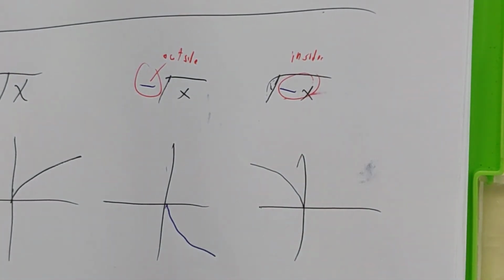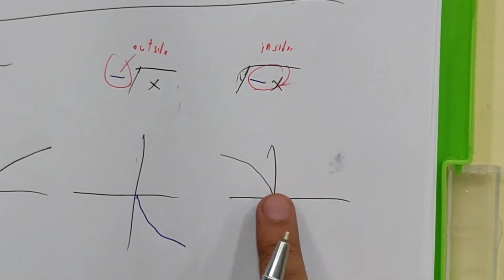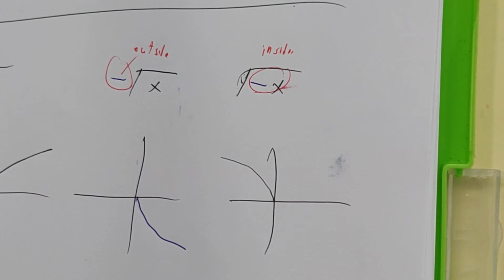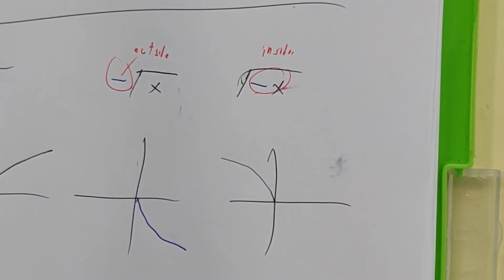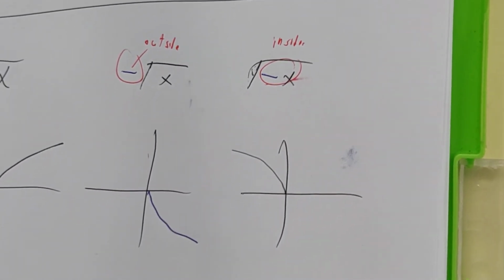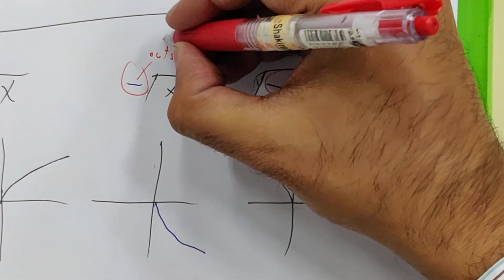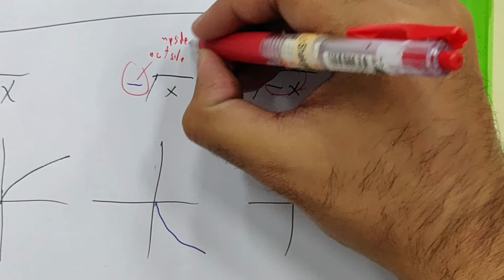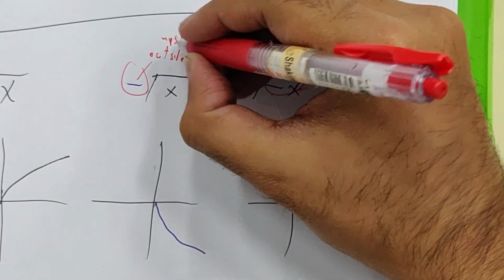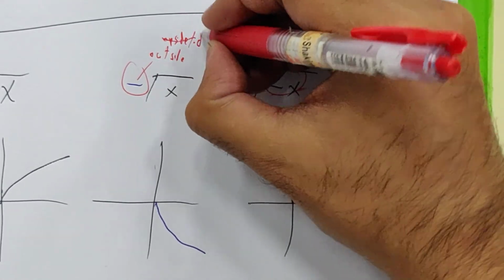Are you okay? Nampak tak? Can you see? Right? So outside, it determines upside or down.